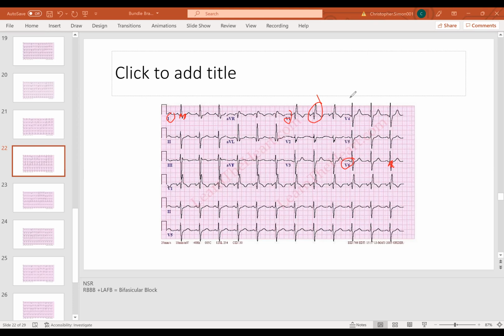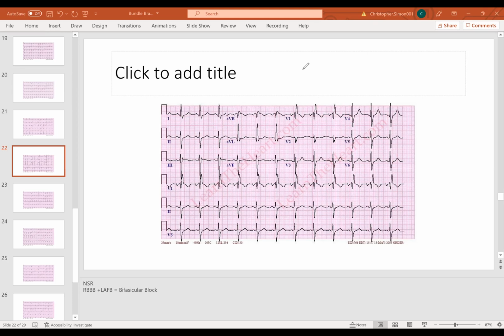Well, what did I tell you? When you got a right bundle branch block, what do you need to go look at? You need to go look at lead 2. If lead 2 is predominantly negative, in other words, it goes down more than it goes up, then you have a left anterior fascicular block in the presence of a right bundle branch block. So when you have 2 of these fascicles, because the bundle is a fascicle technically, sort of, we're going to call that a bifascicular block.